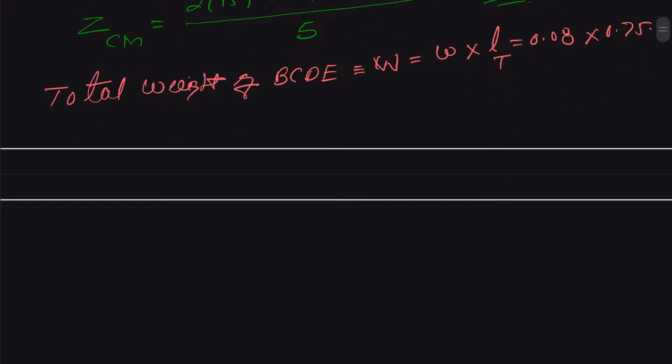So we get that the total weight of BCDE will be equal to 0.06 Newton. So basically this weight is nothing but the force of gravitation that will be acting in the downward direction at the center of mass.